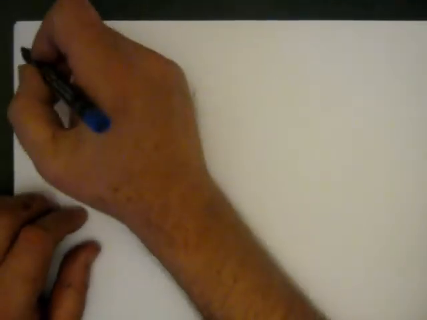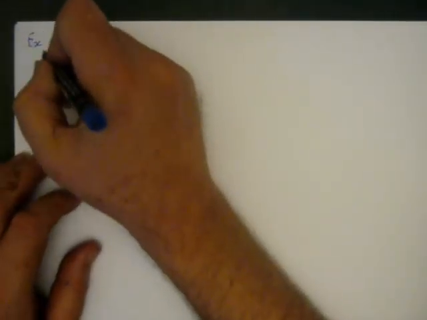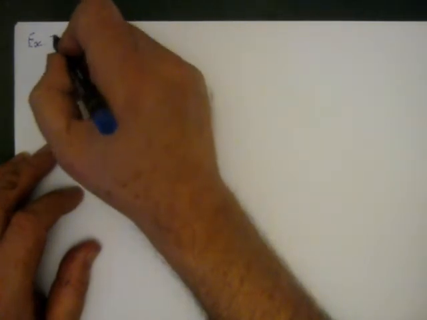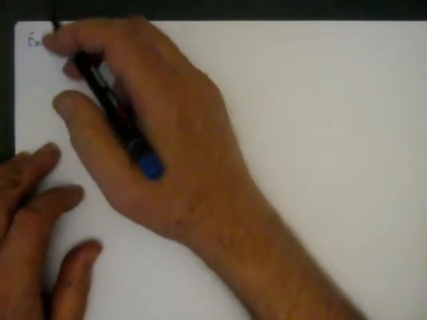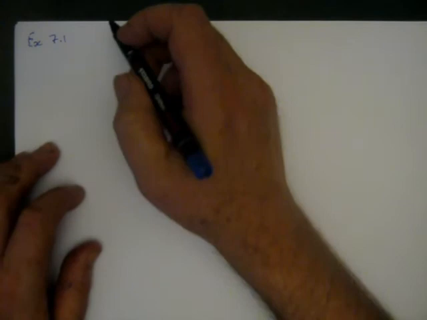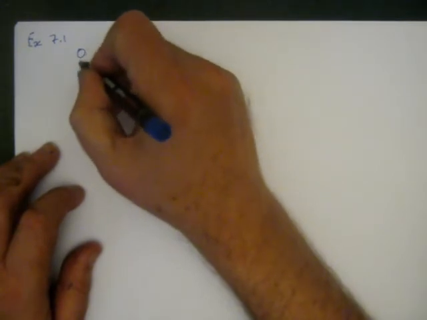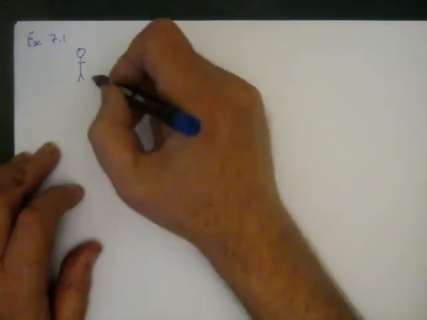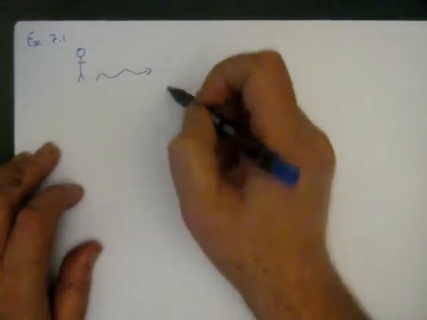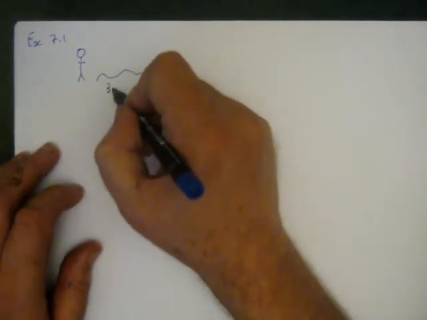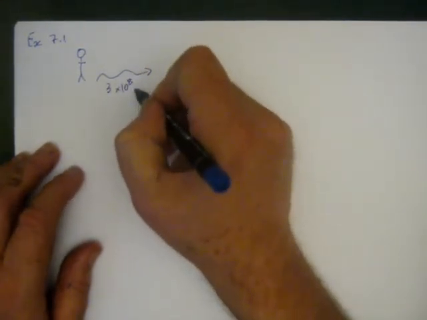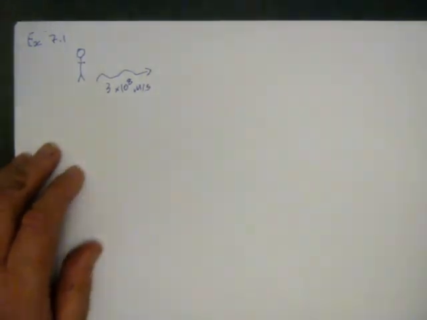So let's do exercise 7.1, we're up to now, isn't it? Basically, observer A observes a pulse of light to travel past. I'm standing there and we've got light going past, and I measure that at 3 times 10 to the 8 meters per second. Isn't that cool?